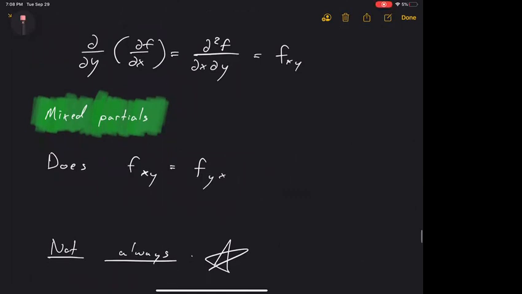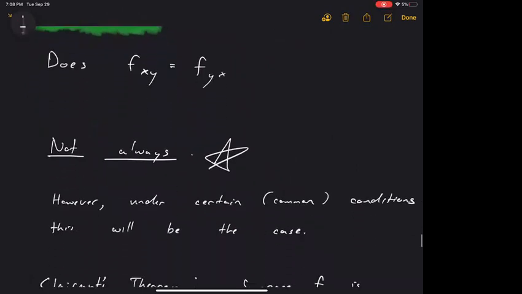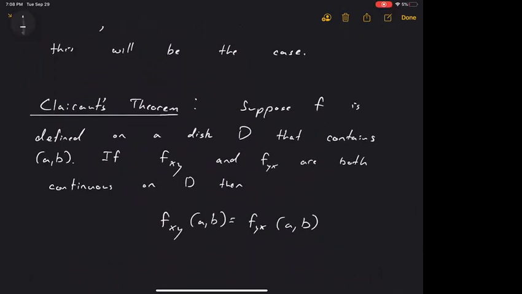I would ask true or false: the mixed partials are always equivalent. These things are called mixed partials, by the way. When I have the derivative of f with respect to x and y, it's not just x by itself. That's called a mixed partial derivative. So I think that'd be a good quiz or test question.